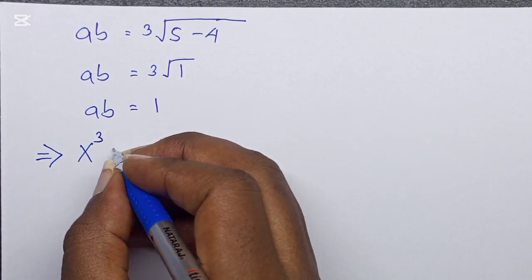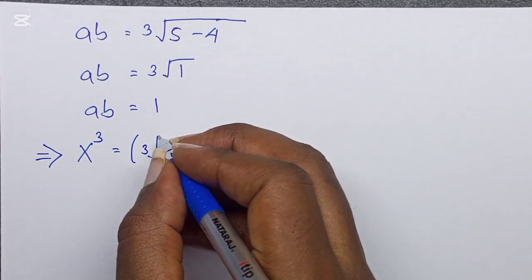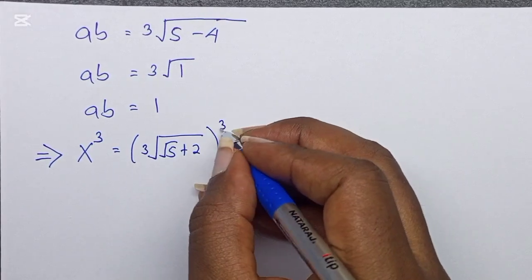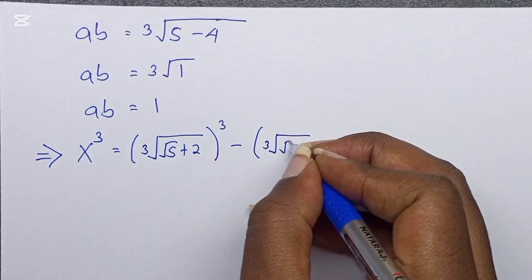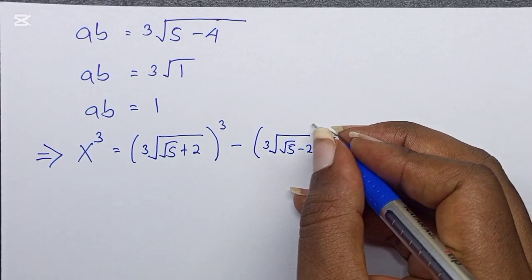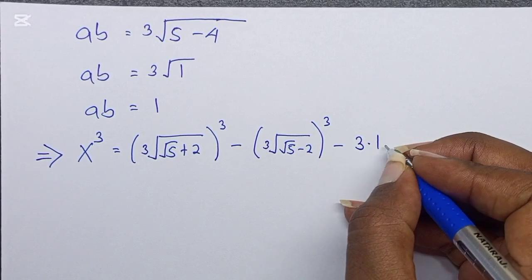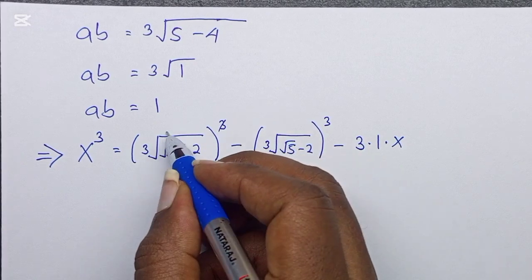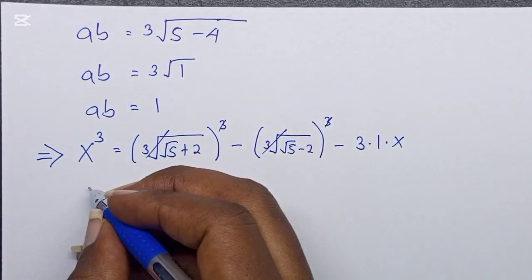x to power 3 is equal to the cube root of root 5 plus 2, cubed, minus the cube root of root 5 minus 2, cubed, minus 3 times 1 times x. But now this power 3 cancels with the cube root.